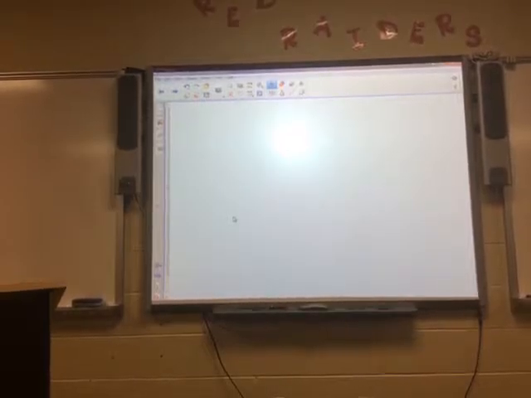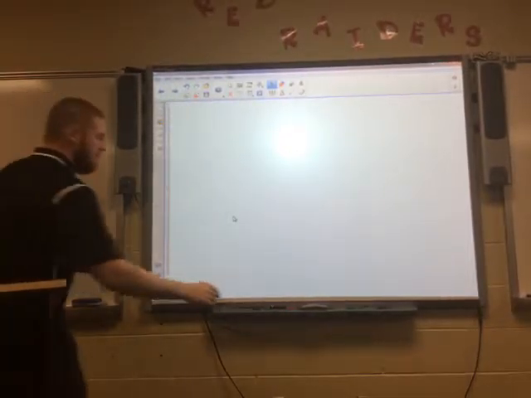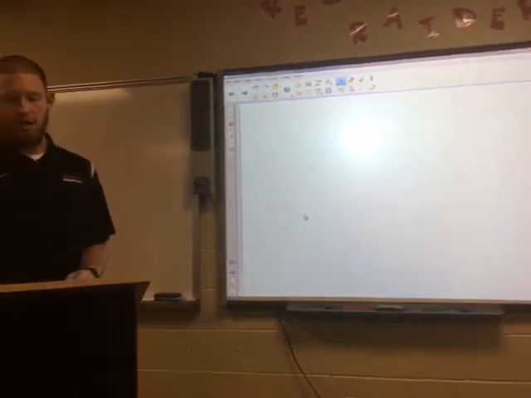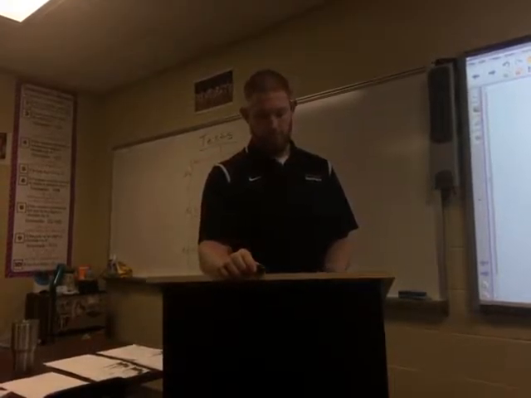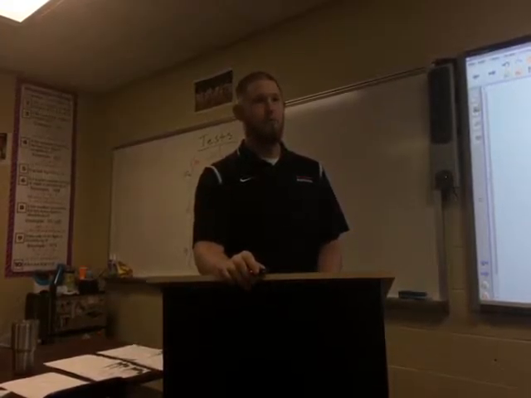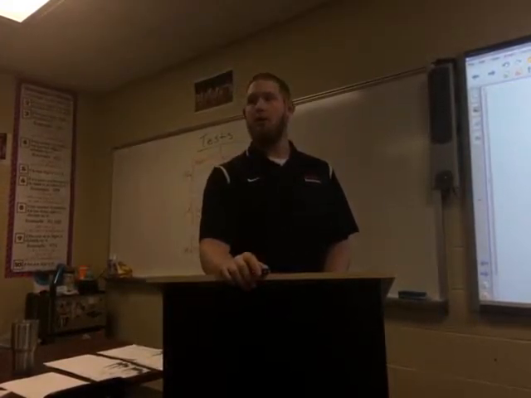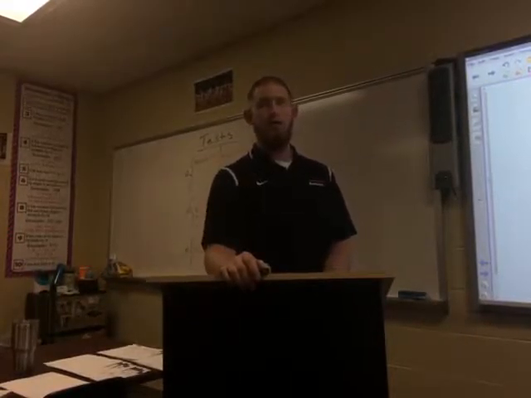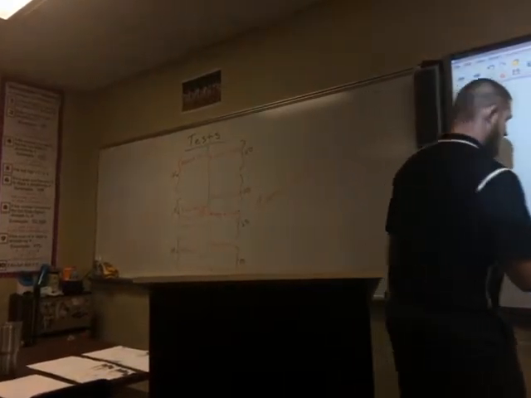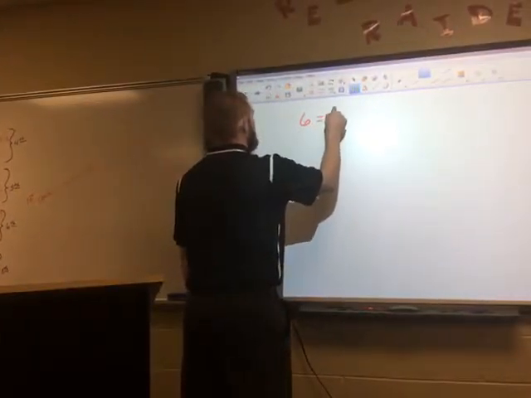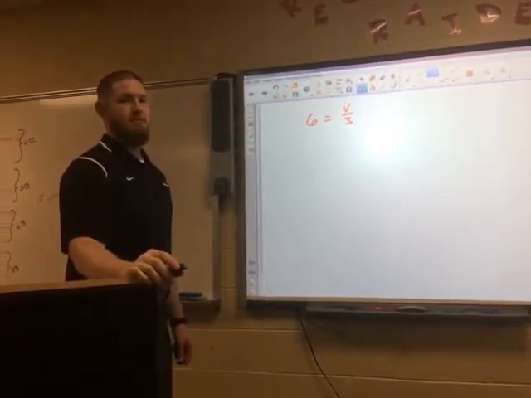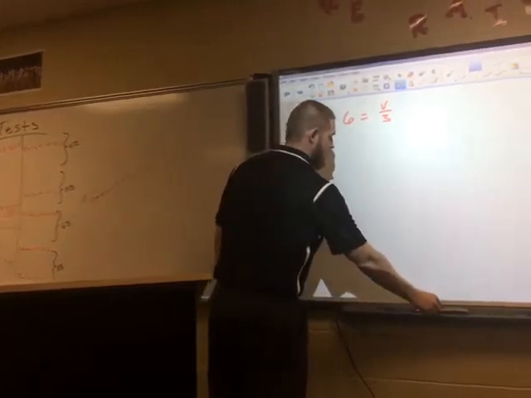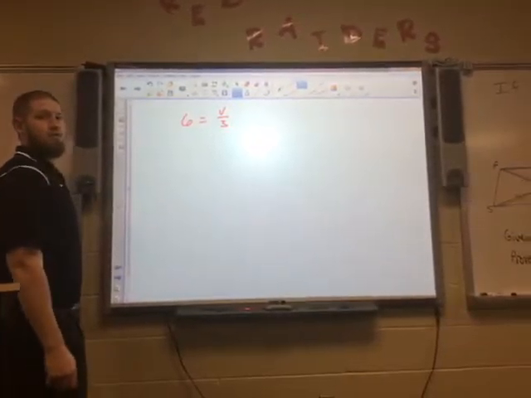Since the diagonals bisect each other, then what has to be true in that diagram? Okay, what though? 33. What would equal what? 6 equals V over 3, right? Okay. And if 6 equals V over 3, then how do I finish solving this, Jacob?